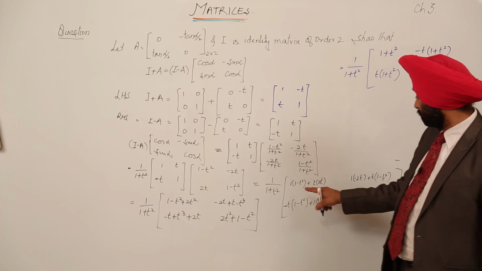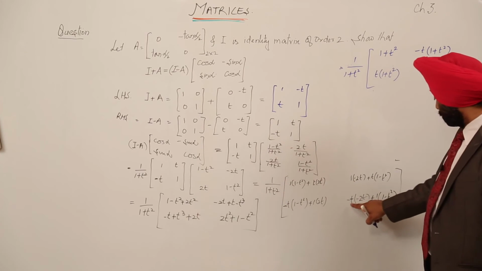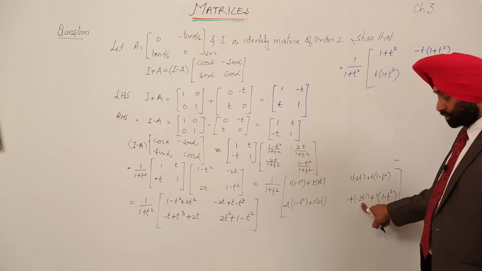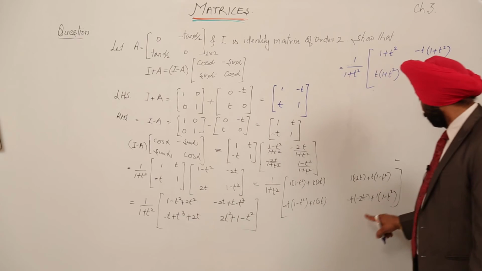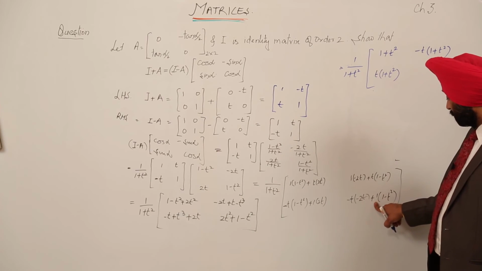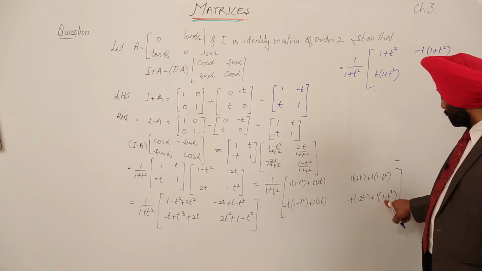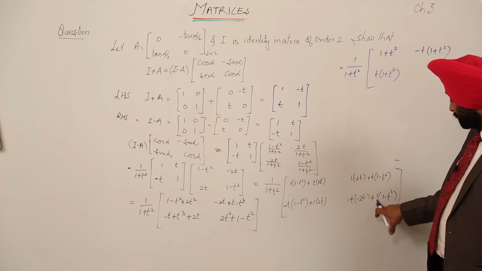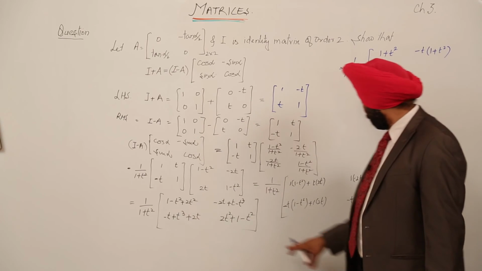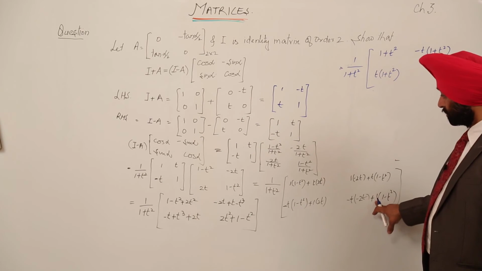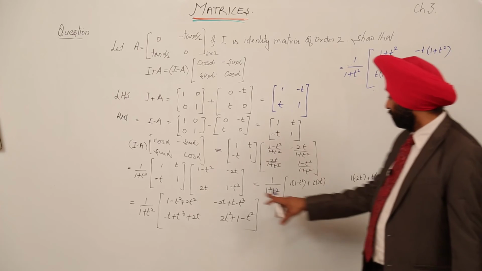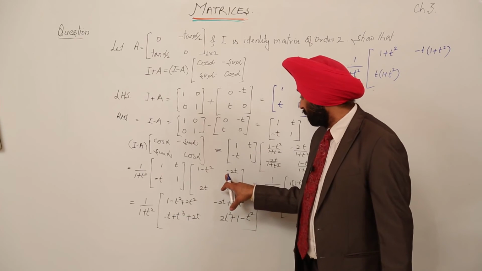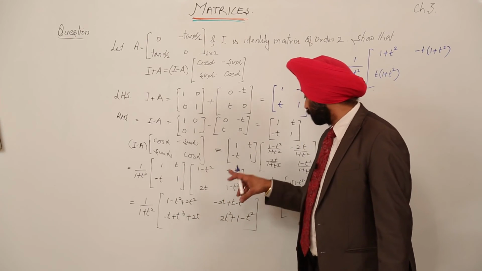Let's check it. Minus t minus 2t is 2t square, 2t square plus 1 into 1 minus t. Now check where we are having 1 here or not. 1 times minus t with this one and 1 with this one, 1 minus t square.